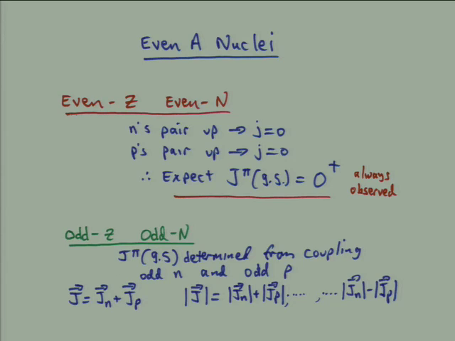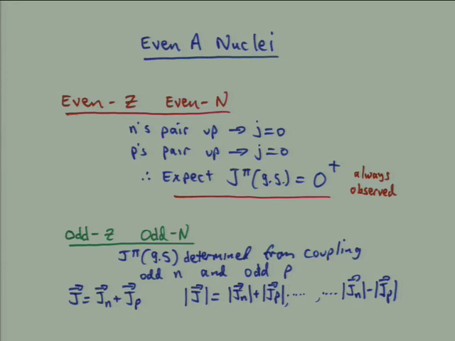So if I want to determine J, I have to remember how to add angular momenta vectorially and quantum mechanically. And this is a problem I know a lot of folks are struggling with, but it's very important to go through this and try to understand how it works. Regardless of what angular momentum you're adding, whether it's intrinsic spin, orbital angular momentum, or J, the rules are the same.